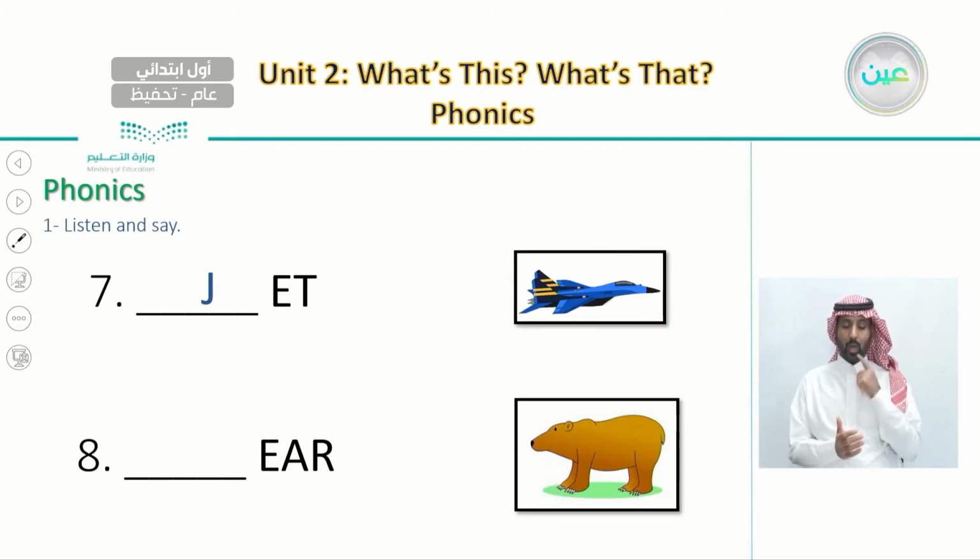Number 8, B say bear. So this is letter B, and we pronounce it as bear. Bear. So as you see, this is a bear.